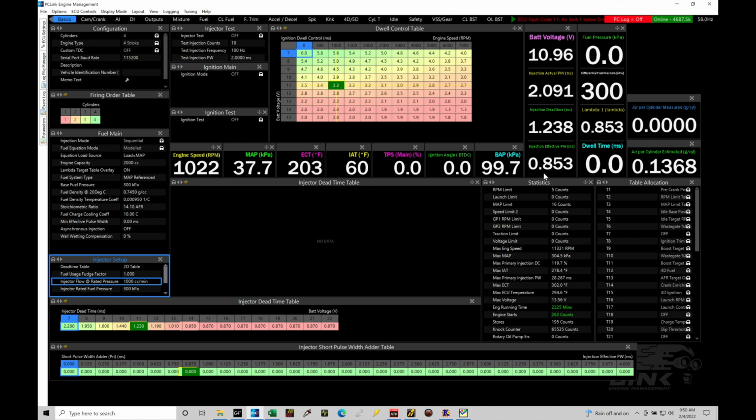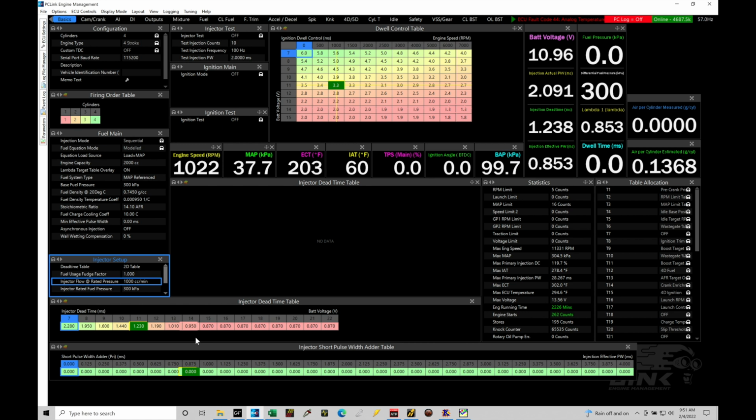starts from. Then we have our injection dead time or latency value added onto our injection effective pulse width. This corrects for the opening and closing characteristics of the solenoid windings in the actual injector that we're dealing with. The injection dead times are coming from our dead time table down here. We've talked about what the actual injector data represents from previous training modules, but this is just a refresher as to what's going on here.